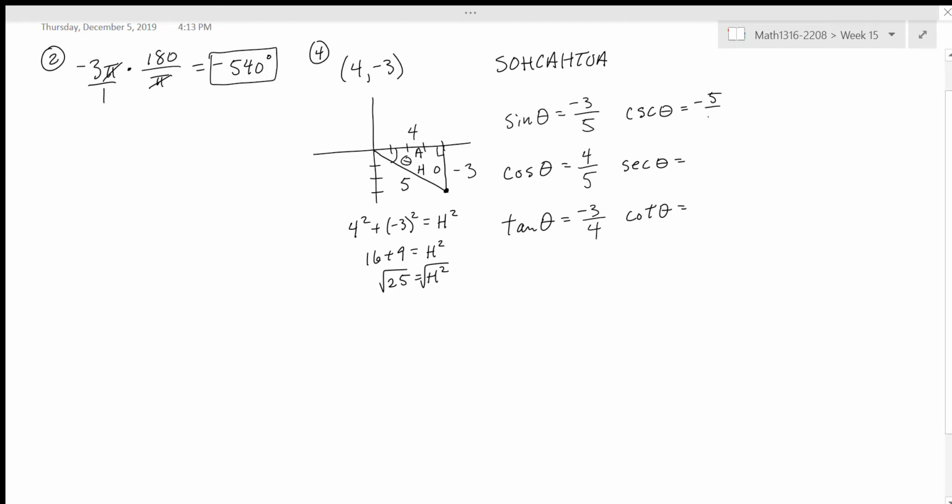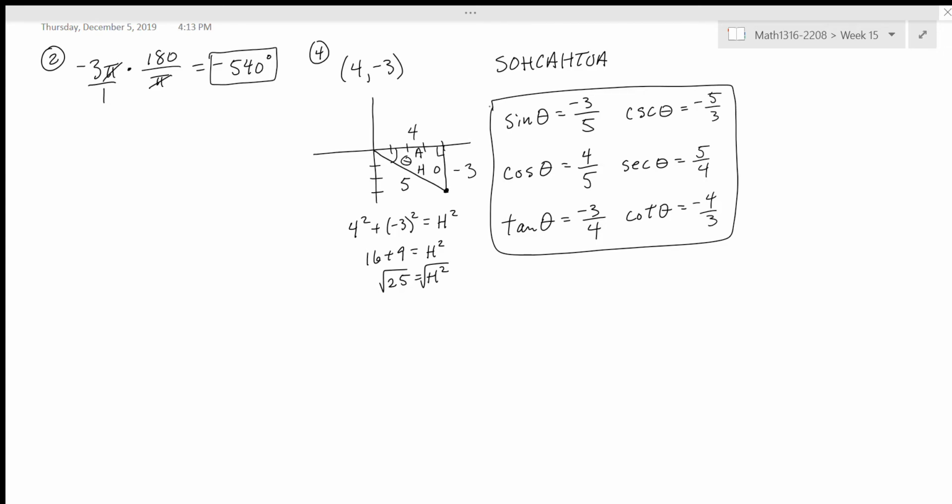Negative 5/3, 5/4, negative 4/3. Question.